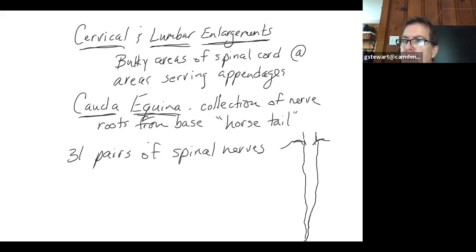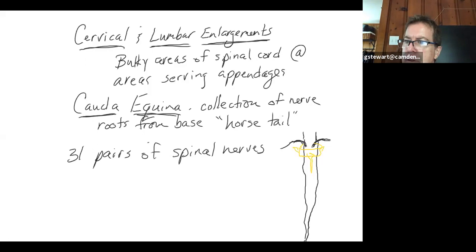So that the outgoing nerves, or the nerves serving this area of the spinal cord sort of come out of the top of that corresponding vertebrae. I'm just going to draw a vertebrae here in yellow. There's the associated bone, that vertebrae in that area, and there's its spinous process, a couple transverse processes. The nerves come out or emanate from the superior part, the top of that vertebrae area.